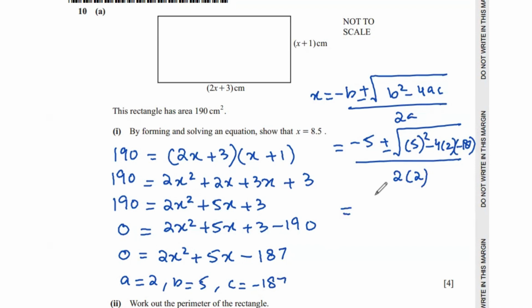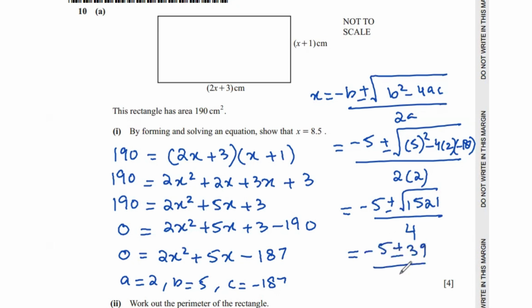This gives us negative 5 plus minus square root of 1521 over 4. So the square root of 1521 is 39. So negative 5 plus minus 39 over 4.